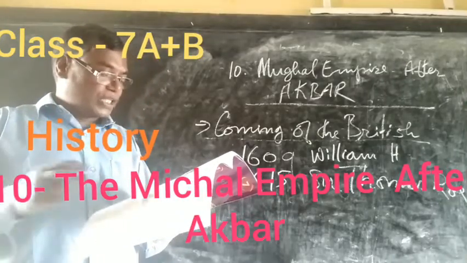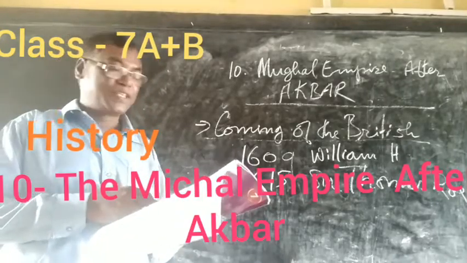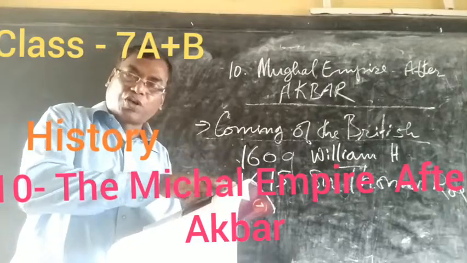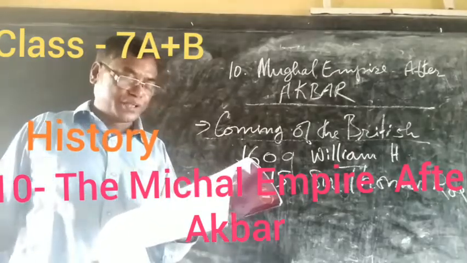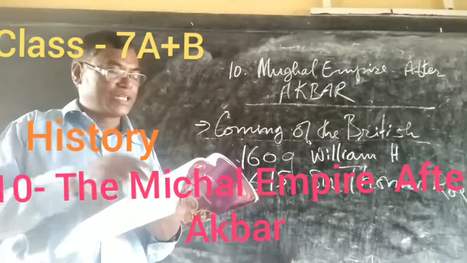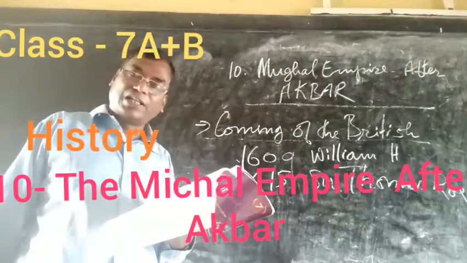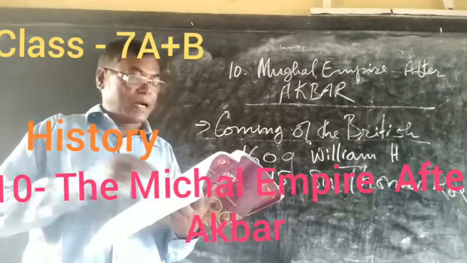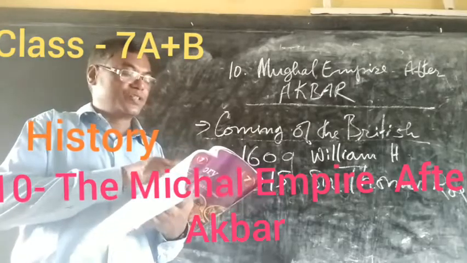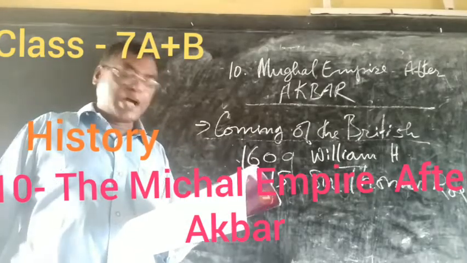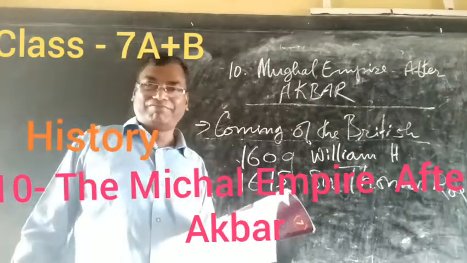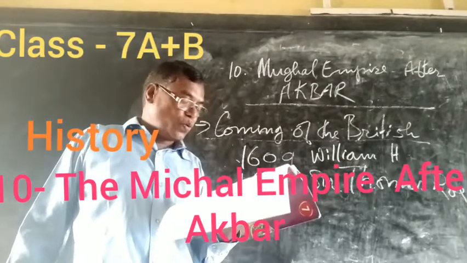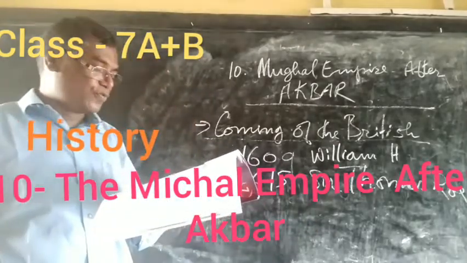Next one, the rule of Nur Jahan. Here, we stop over how the British came and what they did; we will see that a little later. But here comes Jahangir. Now, why does Nur Jahan have to come? See, Jahangir owed much of his success to his wife, Nur Jahan.